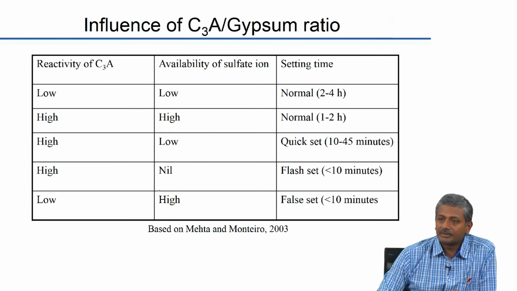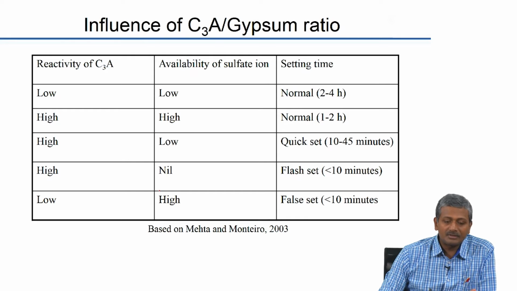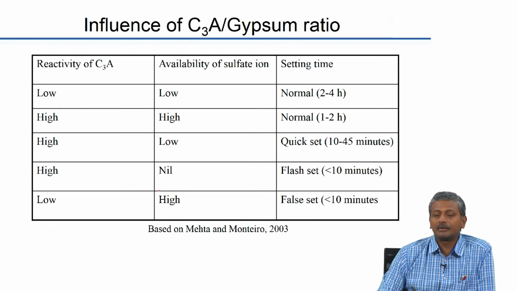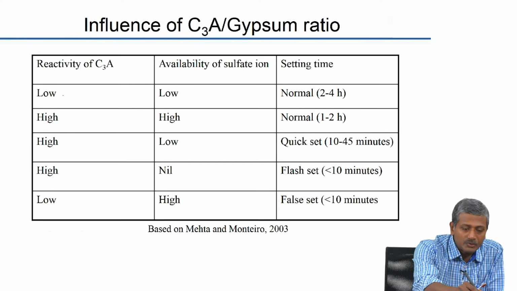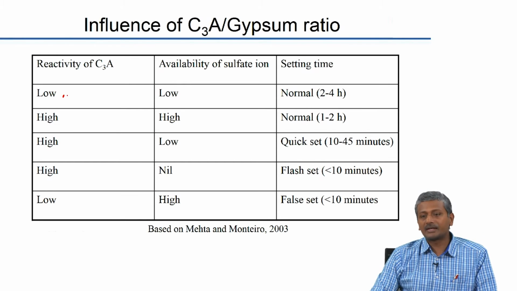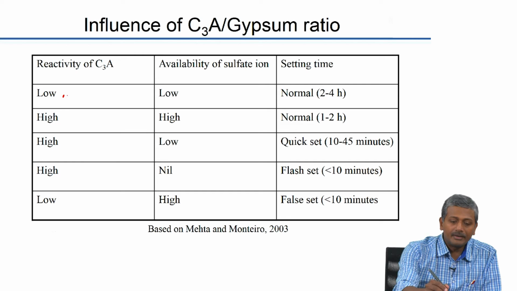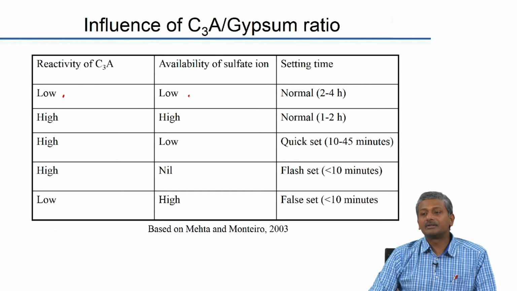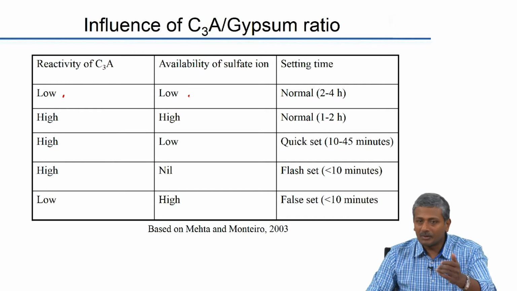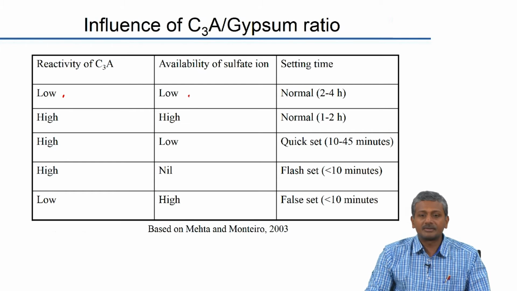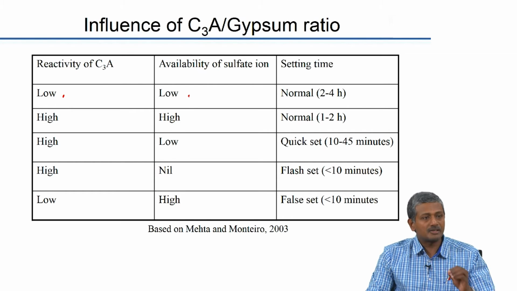If I have different reactivity of C3A and different availability of setting sulfate ions, I may get different setting times in my system. First, let us look at a case when the C3A has a low reactivity, and sulfate ions are not available fast enough in solution. What does that mean? What type of sulfate do I have in my system if my sulfates are available very slowly?